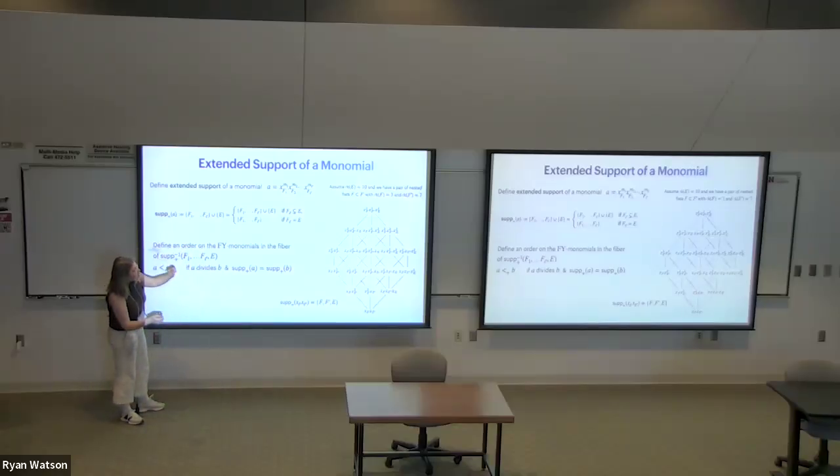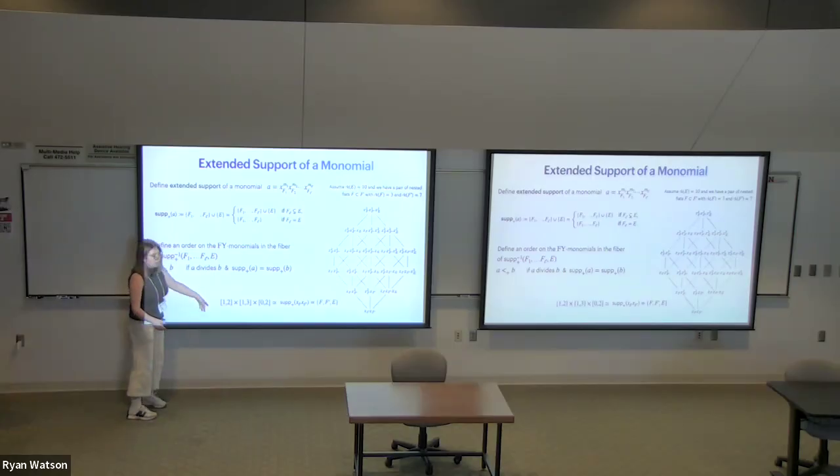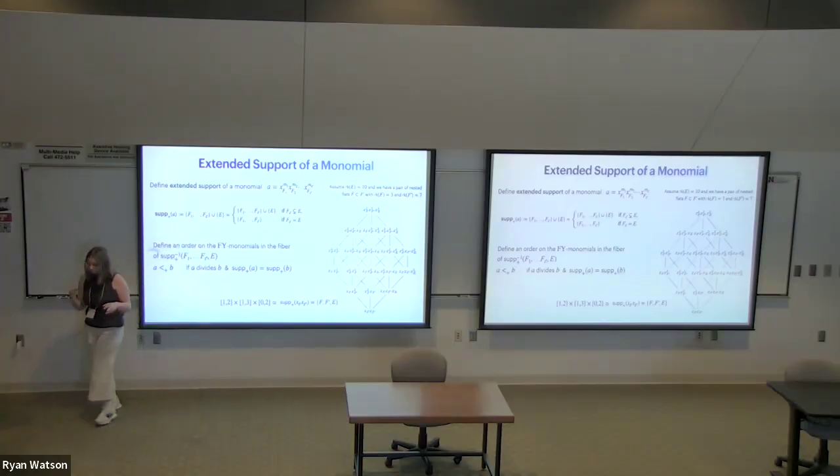F prime, because of its difference with the rank of F, I can raise its power up to 3. And E, I can raise its power from 0 to 2. And I can think of this distributive lattice as just the product of intervals, right? I could go from 1 to 2, 1 to 3, 3 to 2.